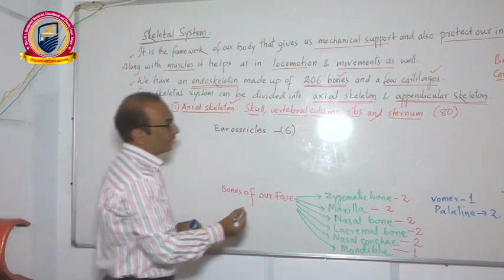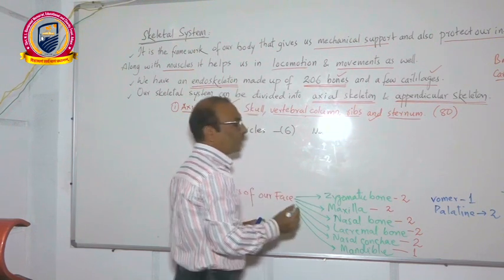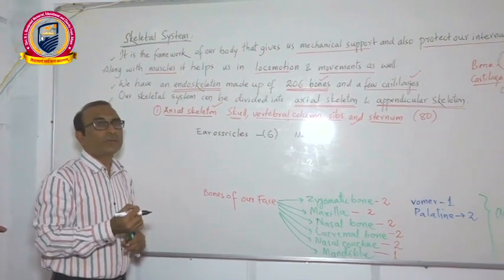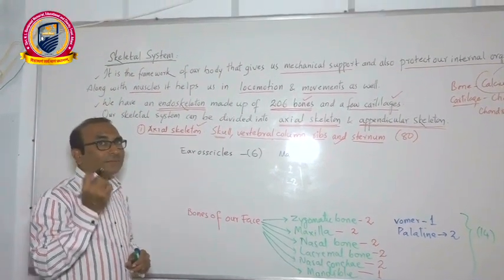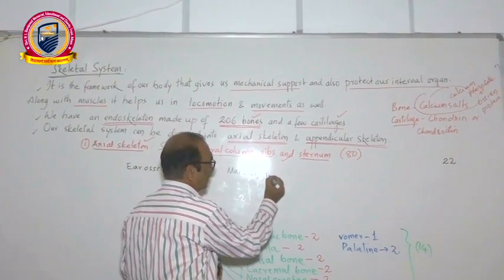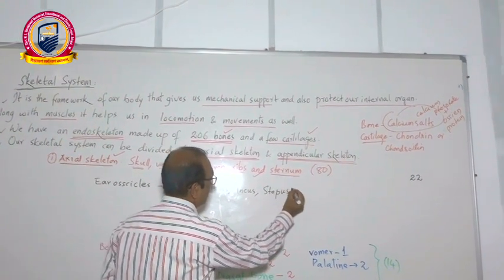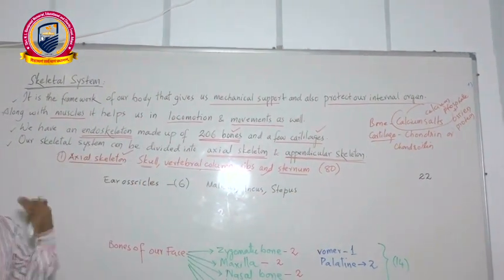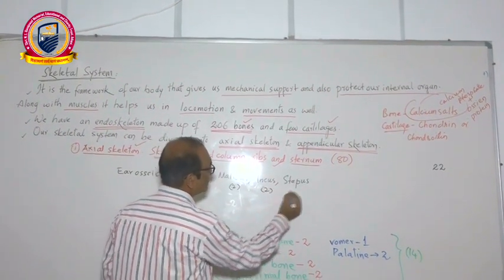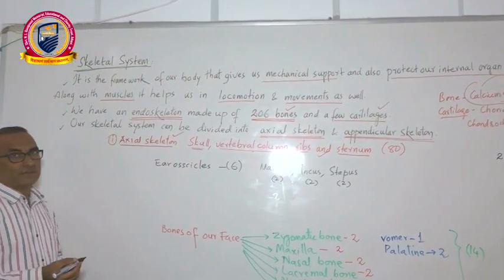We know that there are 3 very tiny bones, the smallest bones in our body, located in the middle ear. They are malleus, incus and stapes. So we have 2 ears, so 2 malleus, 2 incus, 2 stapes. So in total 6 ear ossicles we have.